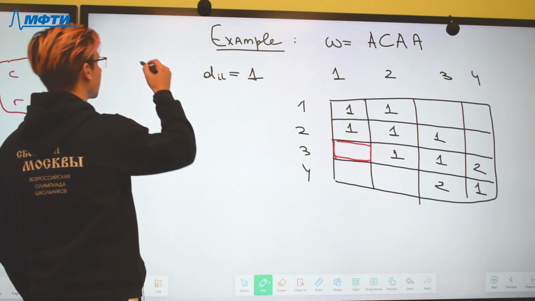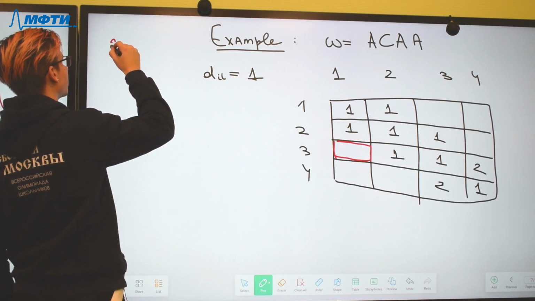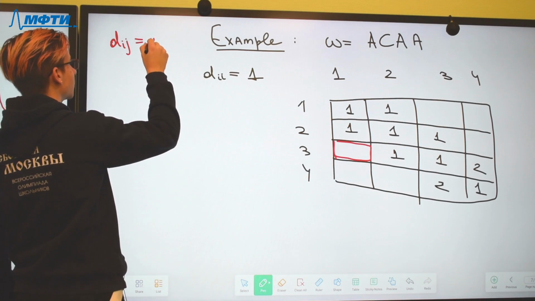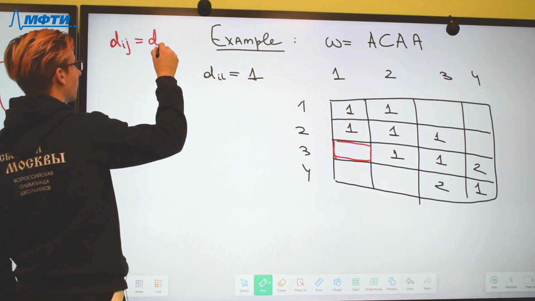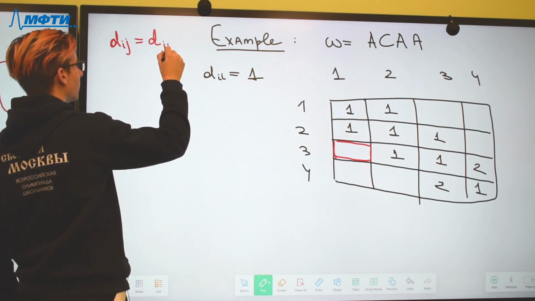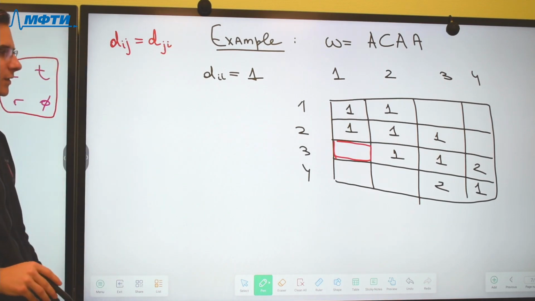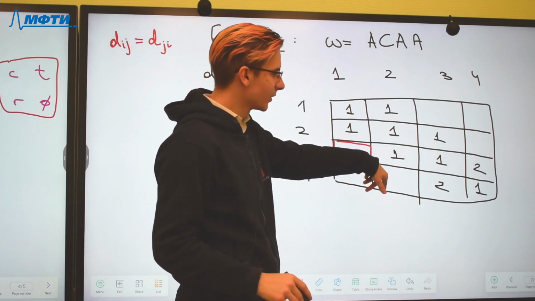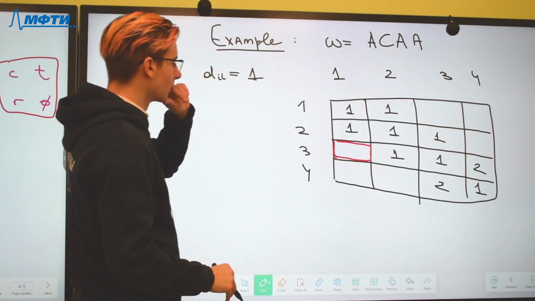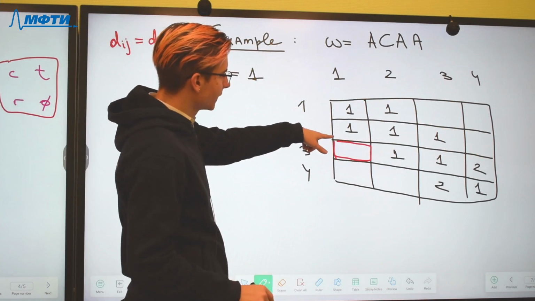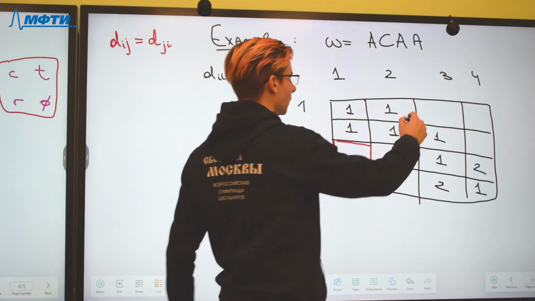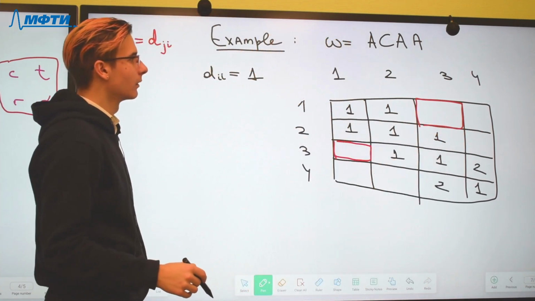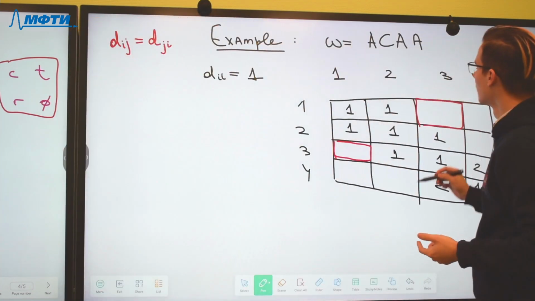I mean that if I try to find DE, it's equal to, so it's not important to find these elements or these elements. So for example, D with index 1 and 3.